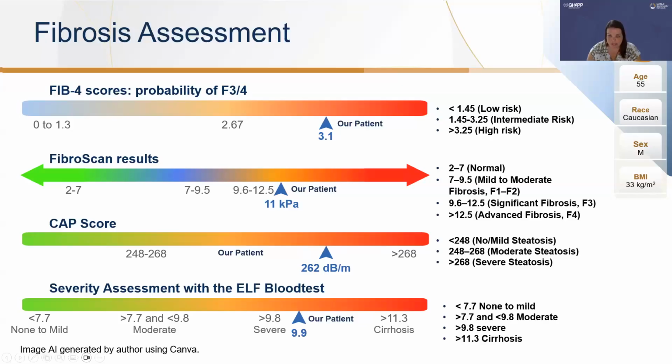So what we can determine from our patient is he probably has, based on FIB-4 and FibroScan, well, I should say FibroScan is looking like F3, and then ELF and FIB-4 are suggesting severe or more advanced fibrosis, and then CAP is kind of in a category of itself with that moderate, I'm sorry, moderate steatosis.